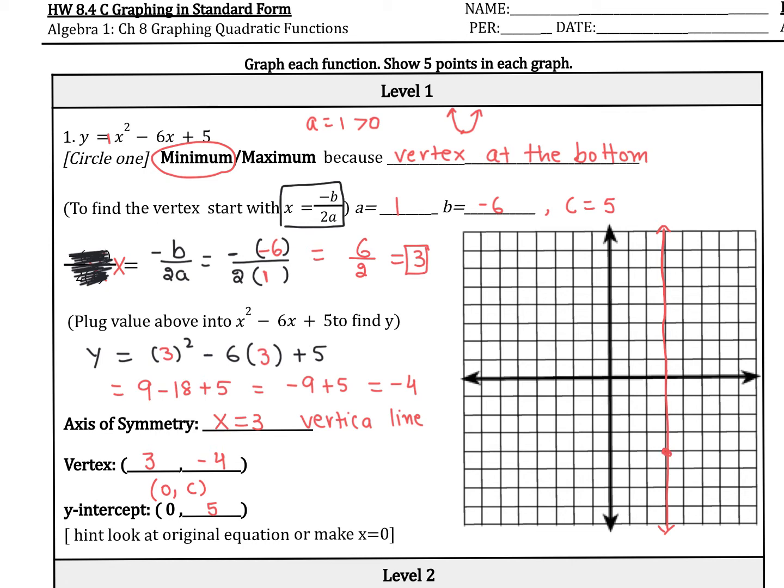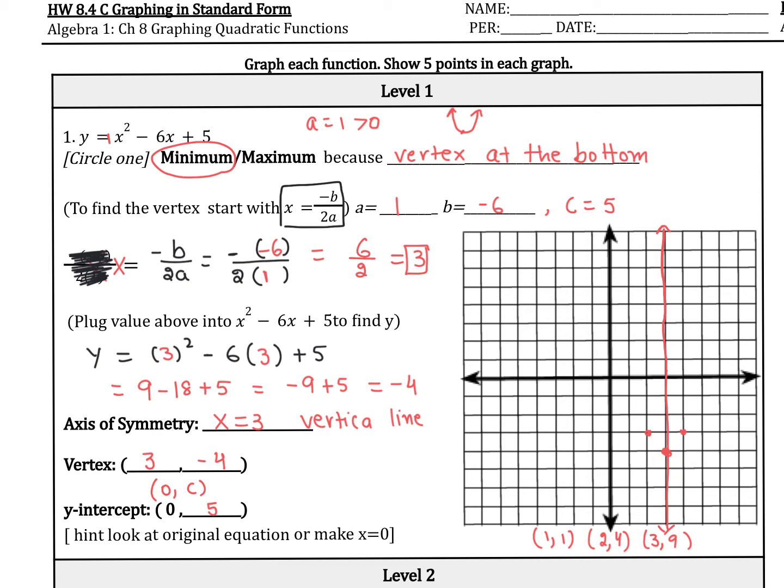If the number in front of x squared is 1, then you follow the same pattern. The pattern was 1, 1, 2, 4, 3, 9. So there's going to be 1, 1. And we also know that the y-intercept is 0, 5. So 1, 2, 3, 4, 5.